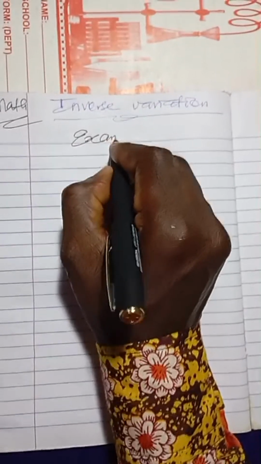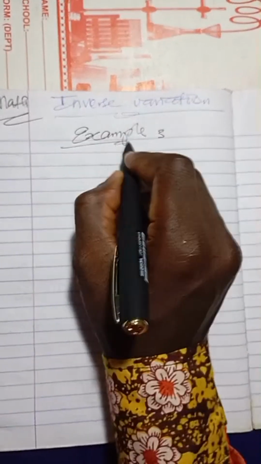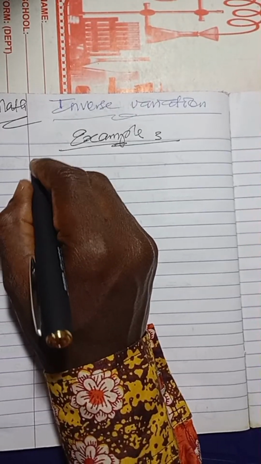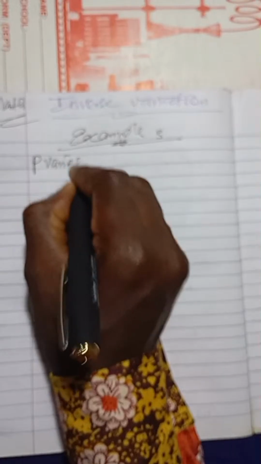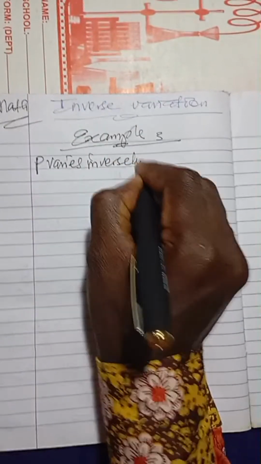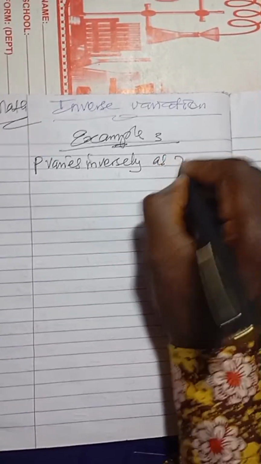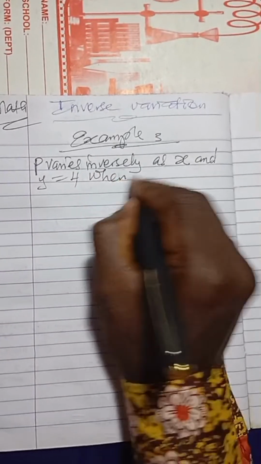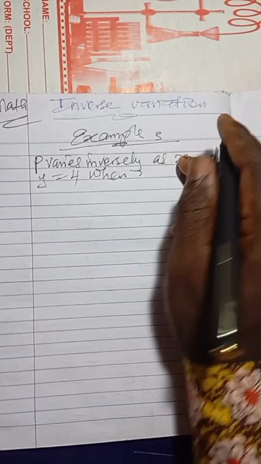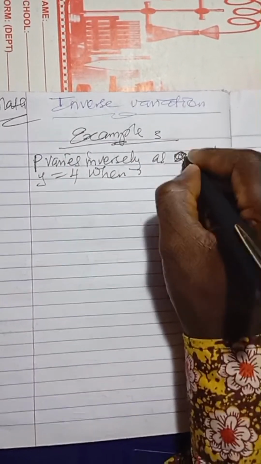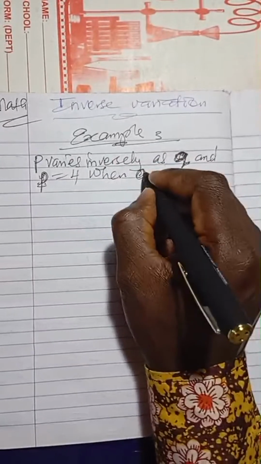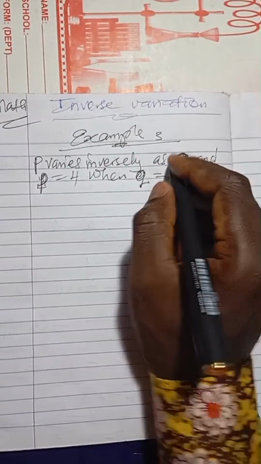Example 3 before I give you class work. P varies inversely as Q, and we are going to use consistent letters P and Q, okay, and P is equal to 4 when Q is given as 1 over 2.